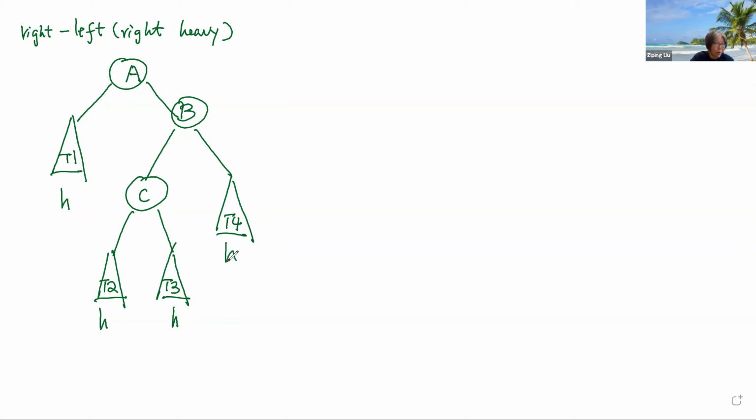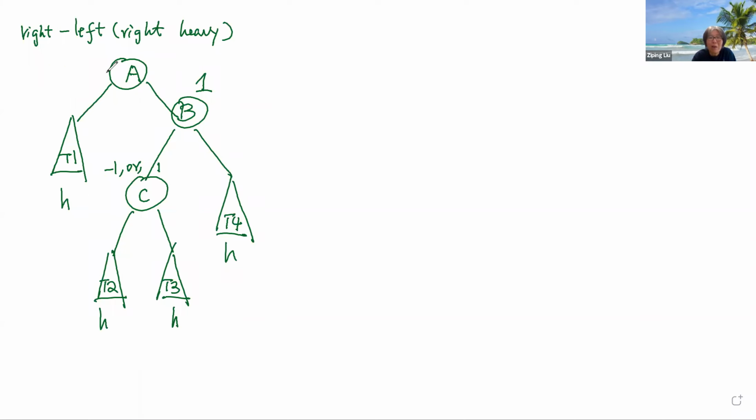Regarding node B, its balance factor is going to be 1, and for C, it can be -1, 0 or 1, so it doesn't matter too much.